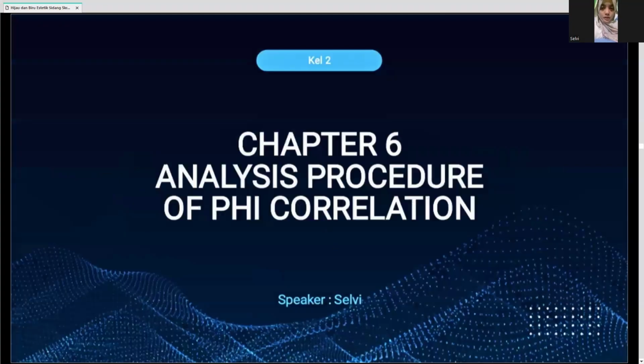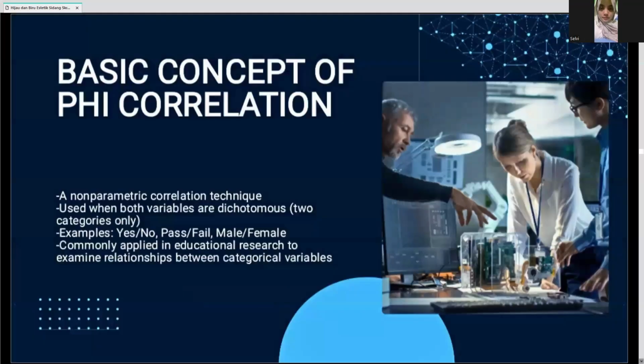Next, we're going to discuss chapter 6, analysis procedure of phi correlation. Okay, the basic concept of phi correlation. Phi correlation is also a non-parametric correlation technique. However, it is used in a different situation.